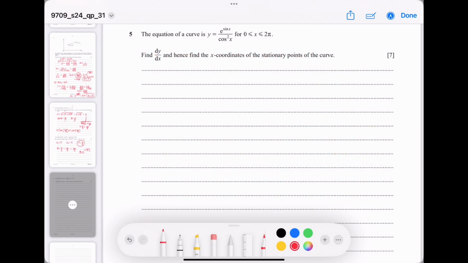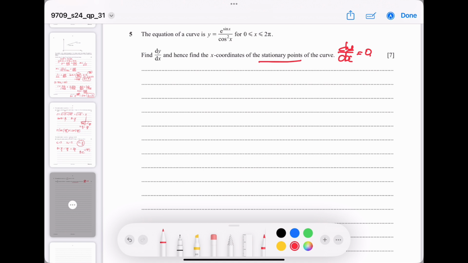Question 5. So we've been given the equation of a curve. We're trying to find dy dx and then find the x coordinates of the stationary points. Well, hopefully you'll recall that the stationary points occur when dy dx is equal to 0. So we're finding the derivative.